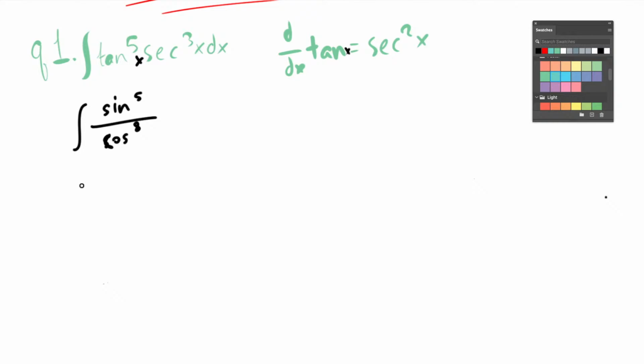So it would be the integral of this. Now, if we multiply top and bottom by 5, that wouldn't do anything. Wait. Huh.